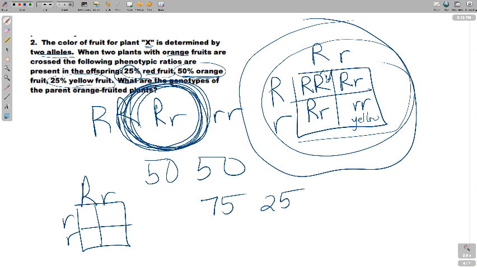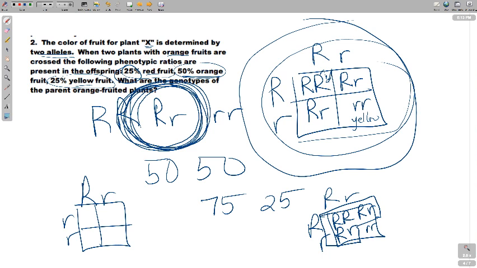That would be big R, little r with red, red, red, white, 75% red. But this is normal Mendel monohybrid. This is not incomplete dominance. So 25, 50, 25 is the answer. Big R, little r. Next.